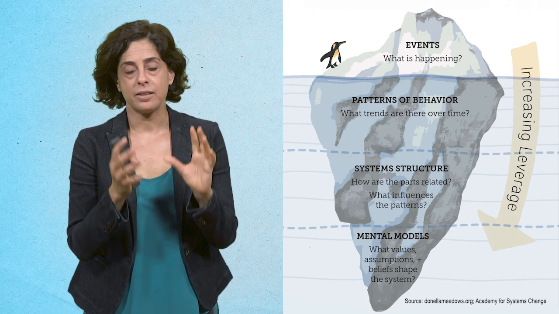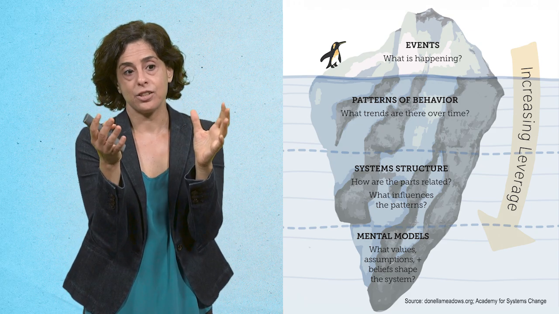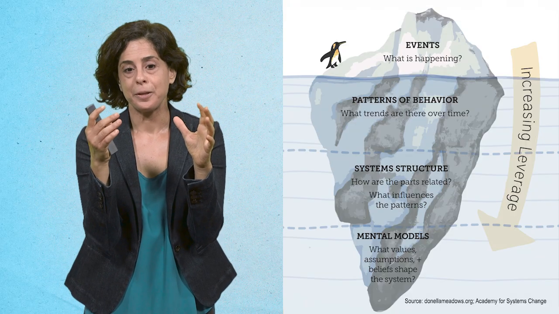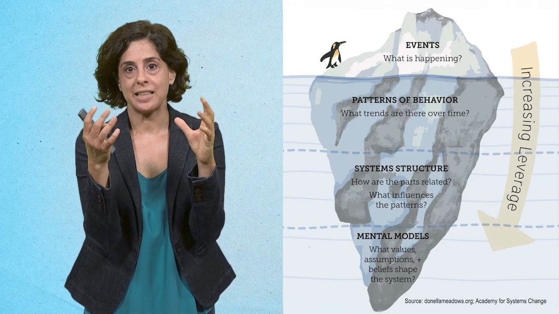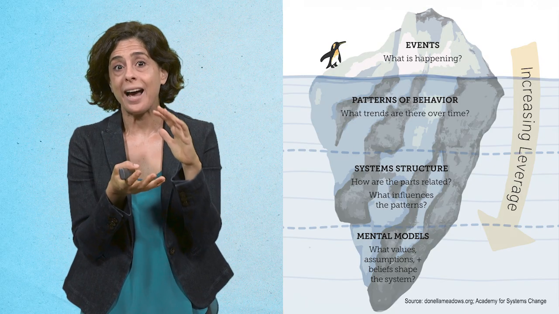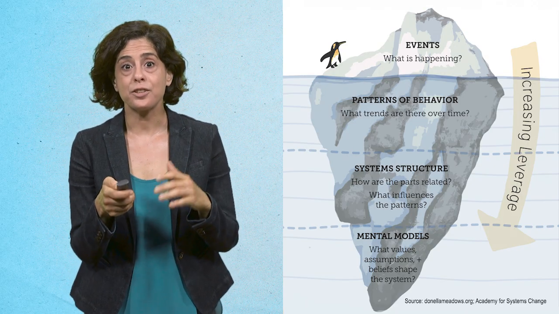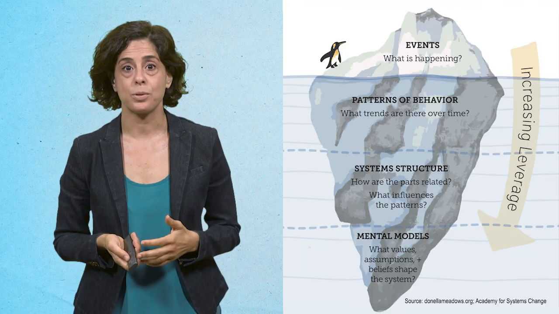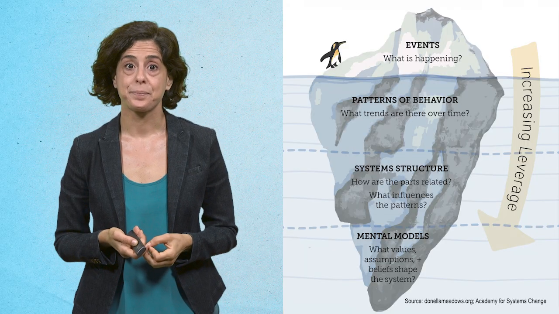So in facing this challenge and facing this huge iceberg, it really helps to realize that the events you see are really only what's above the surface, and you have to immerse yourself to understand the bulk of the challenge, which lies beneath the surface.